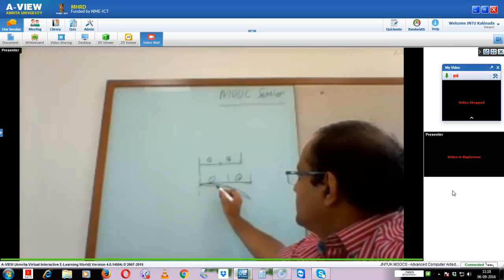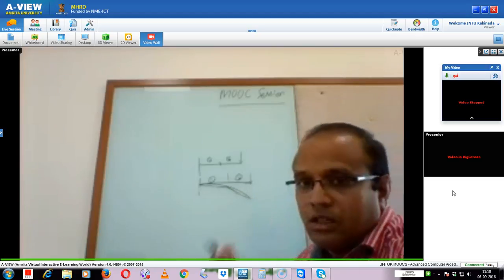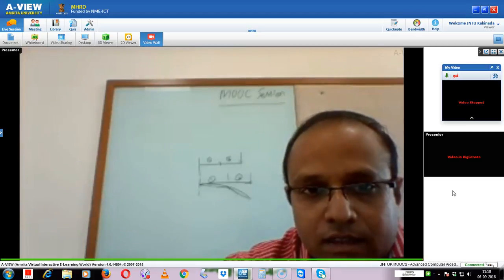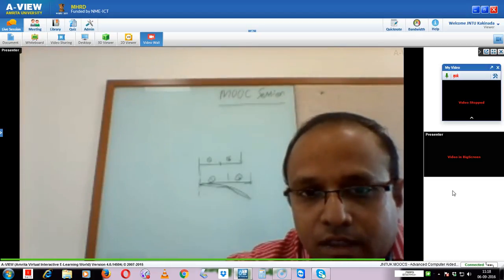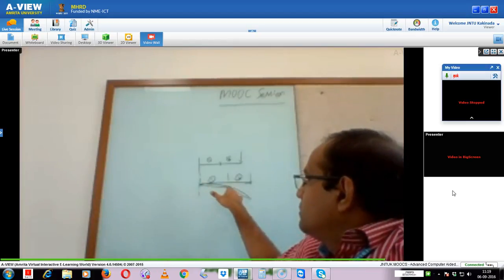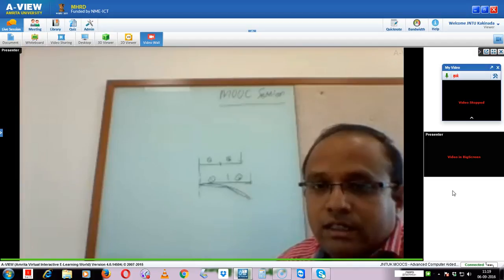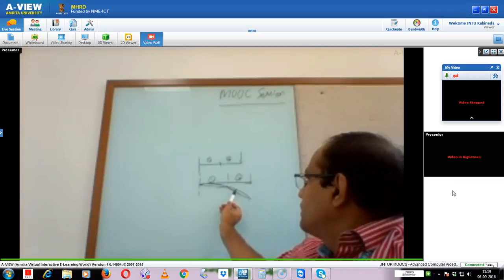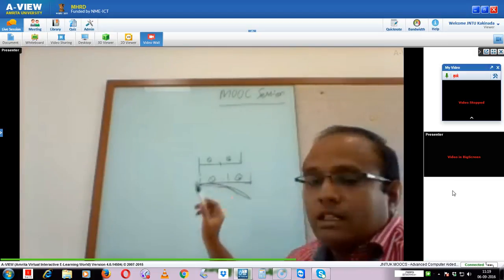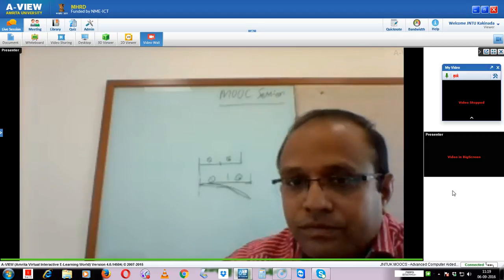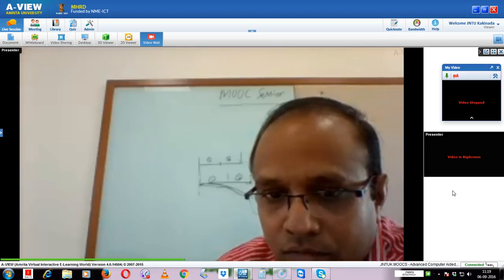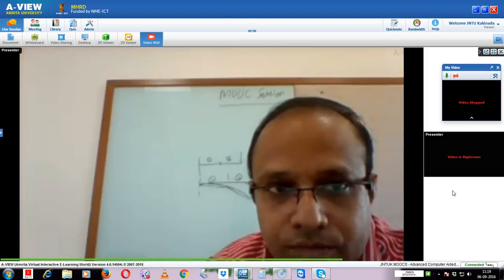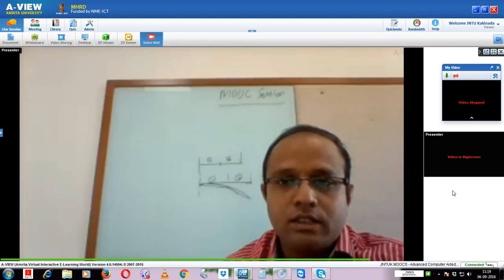So the strain throughout this element will be constant here and here. Which is not correct, because when you differentiate this displacement field, it is only constant. So this will have one strain and this will have one strain. In the actual case it is different, because deflection is varying, so strain will be varying throughout the element.